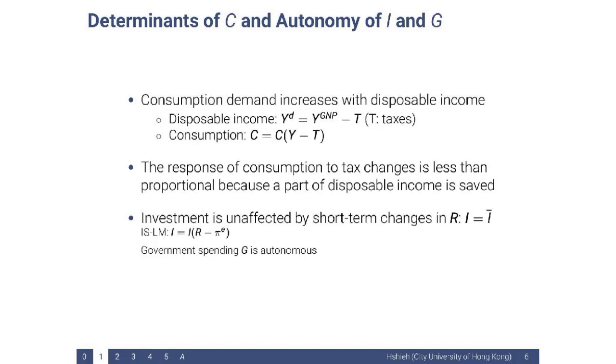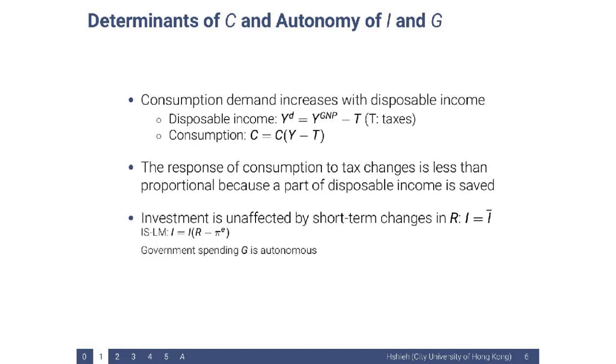But in reality, a lot of you most likely will save that extra income. Yes? So if you receive an extra dollar, you may save 50% of it. So the response of aggregate demand, therefore, is less than 1 to 1. So when you see the graph in a few slides, you'll now understand why the slope of the aggregate demand is not the same as output, total potential output.